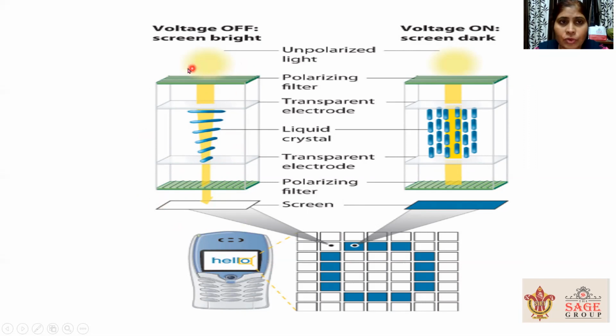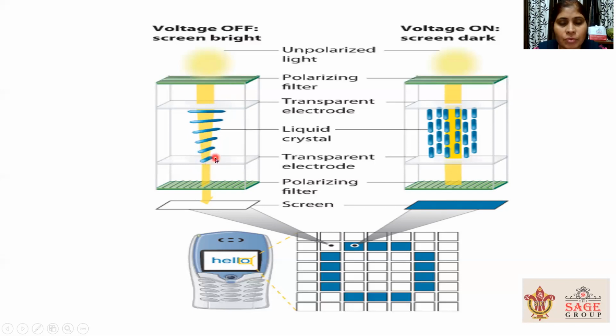So when the voltage is not given to the electrodes, the liquid crystal is transparent, and when light is provided, you can see the light moving from here, and inside the liquid crystal the molecules are moving. Nematic type liquid crystal is taken here, so molecules move and take the same direction as the second polarizer.